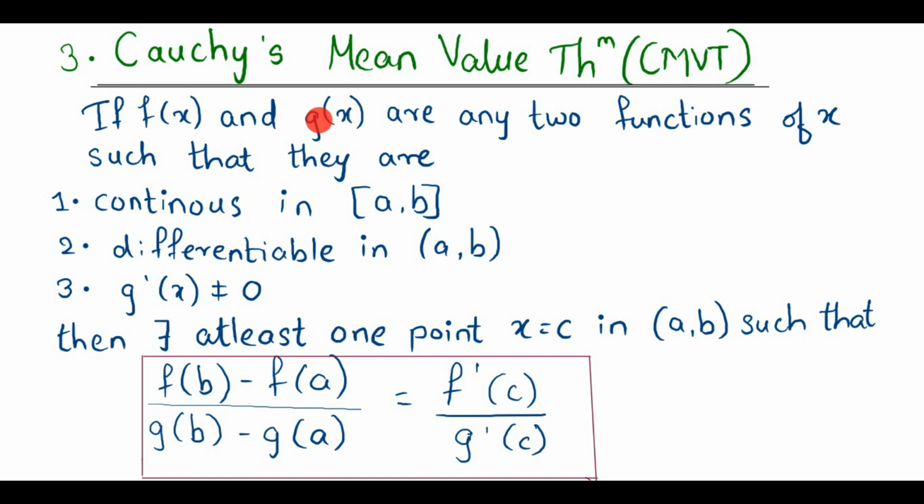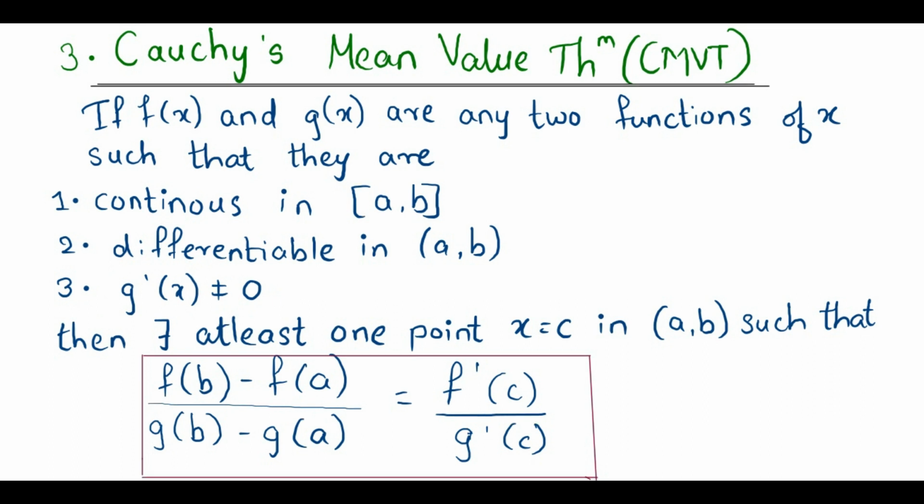The first condition is that they both must be continuous on the closed interval [a, b], and the second condition is that they must be differentiable in the open interval (a, b). The third condition is that g dash of x should not be equal to 0. I will let you know why this third condition is there.